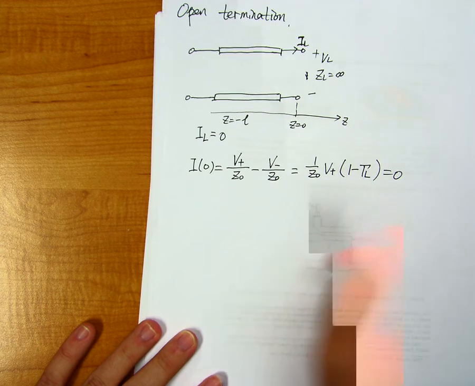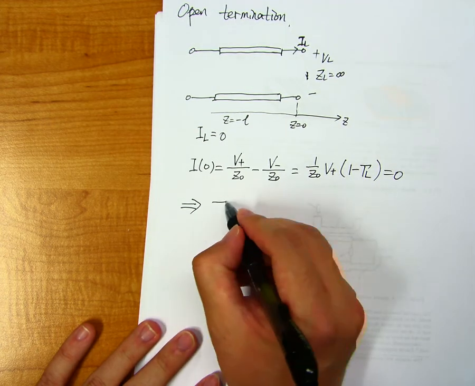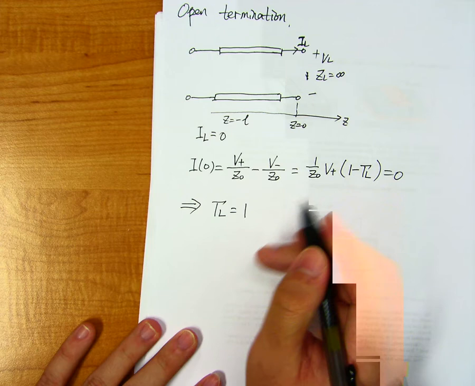So that means gamma L must be equal to 1.